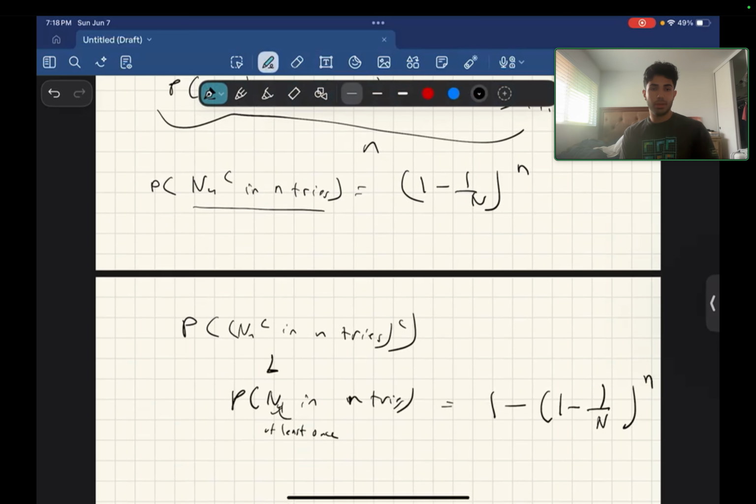That's the probability of getting a particular coupon type at least once in n box openings.